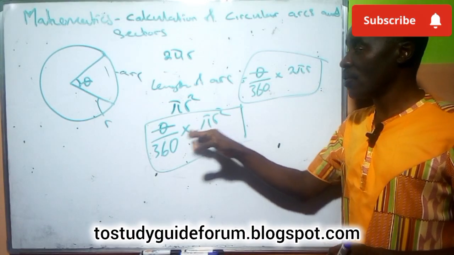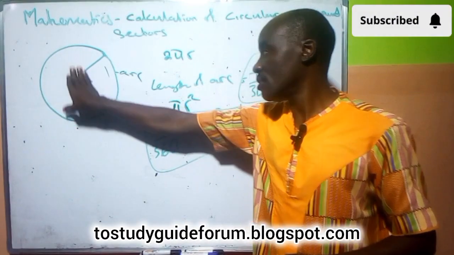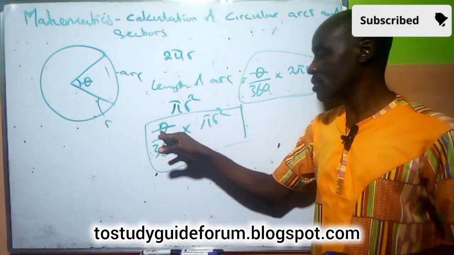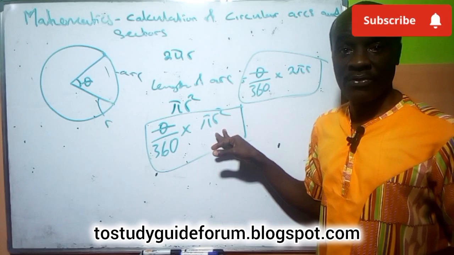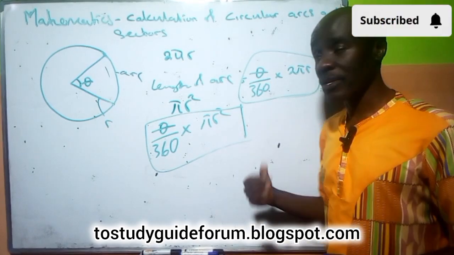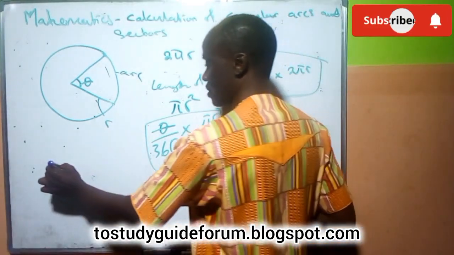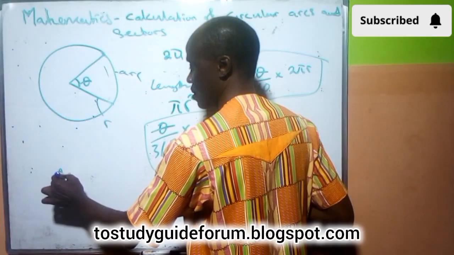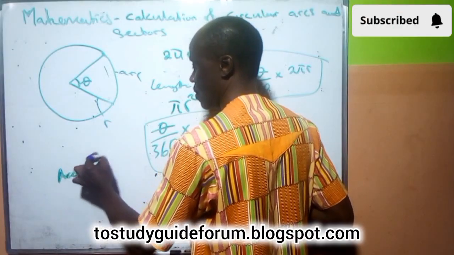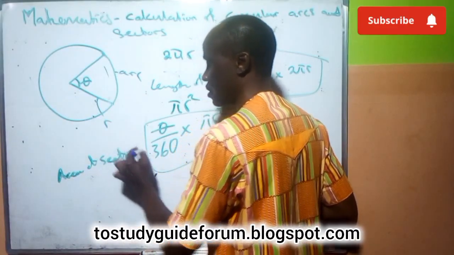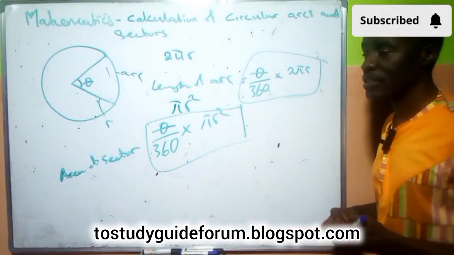Here, the area of a circle is the total, then the fraction multiplying the area of the full circle gives us the area of the sector. That's the area of a sector.